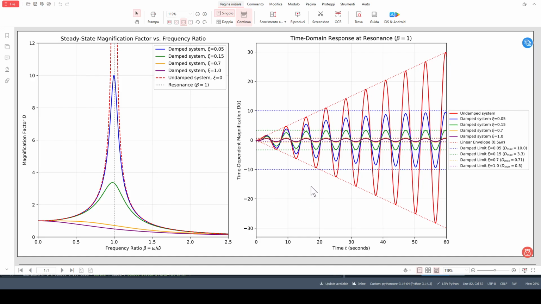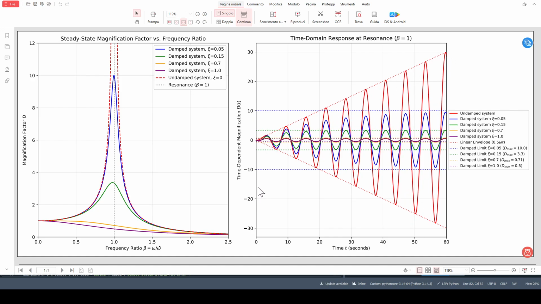In the right graph there is the representation of the magnification factor as a function of time, and we can plot the damped system for the different values of xi. The undamped system is the red line.